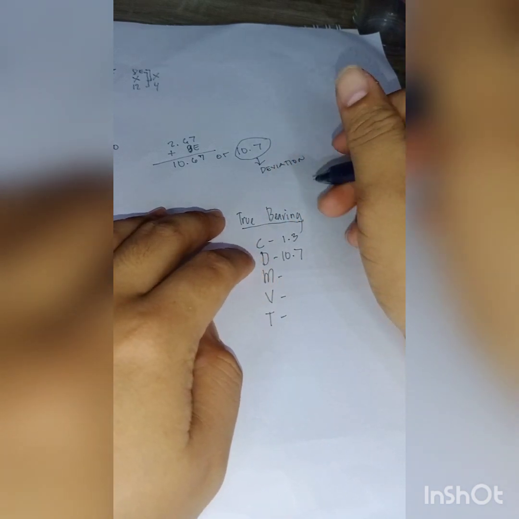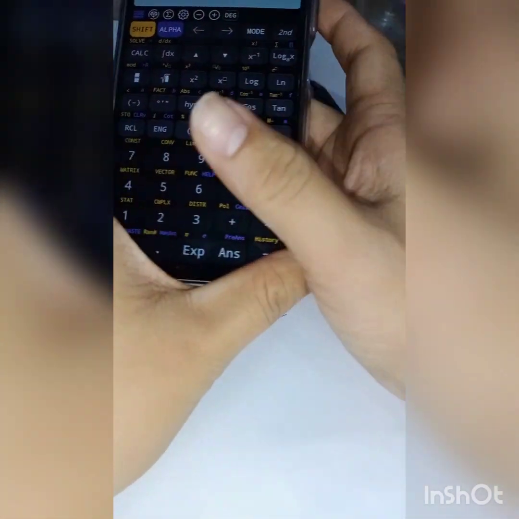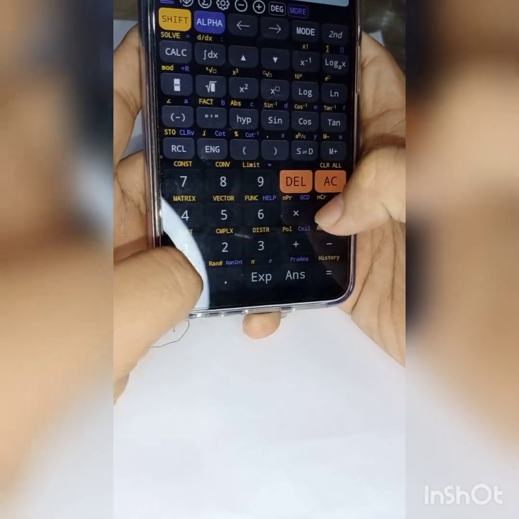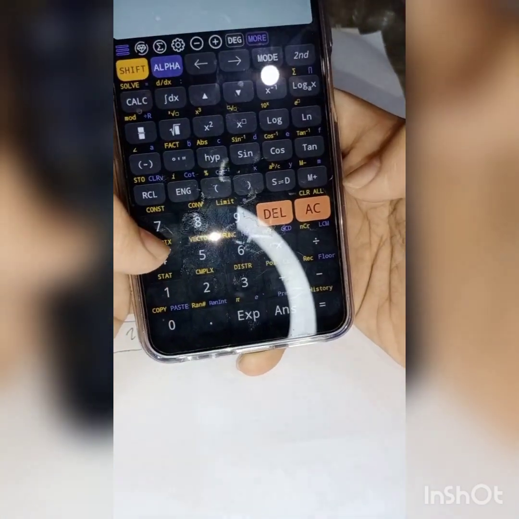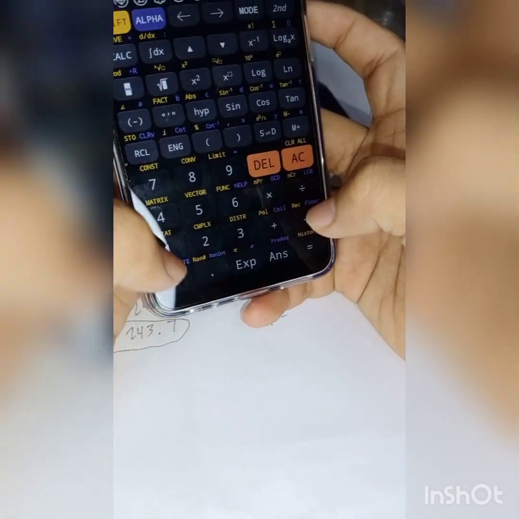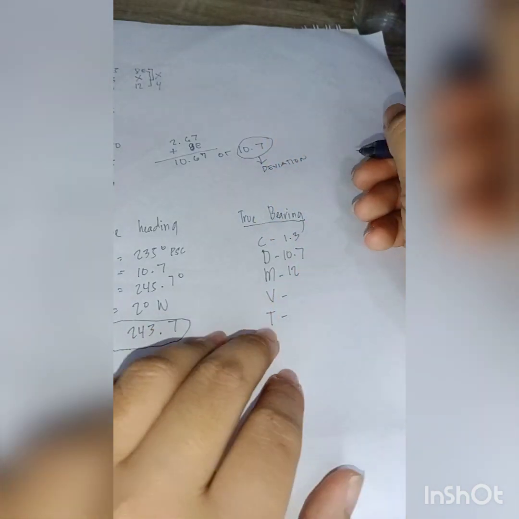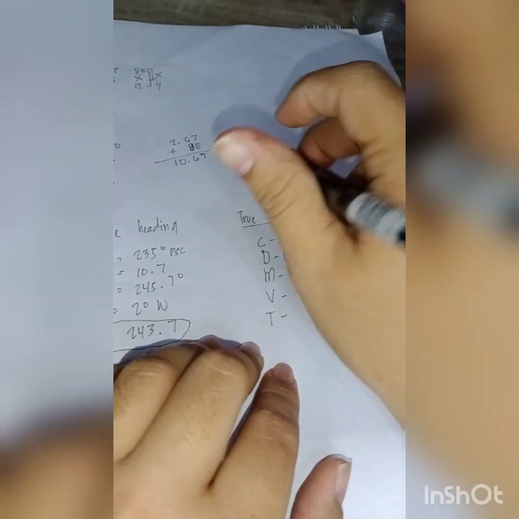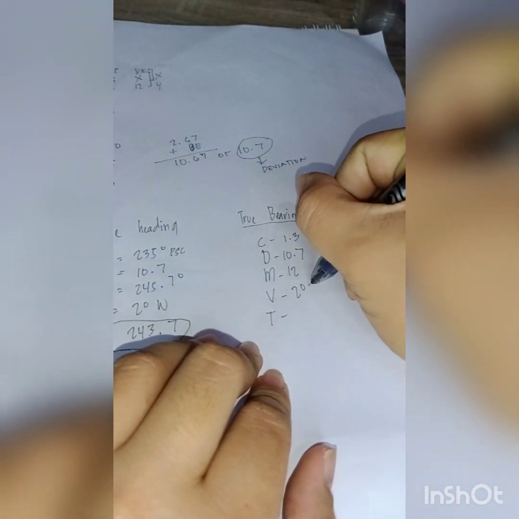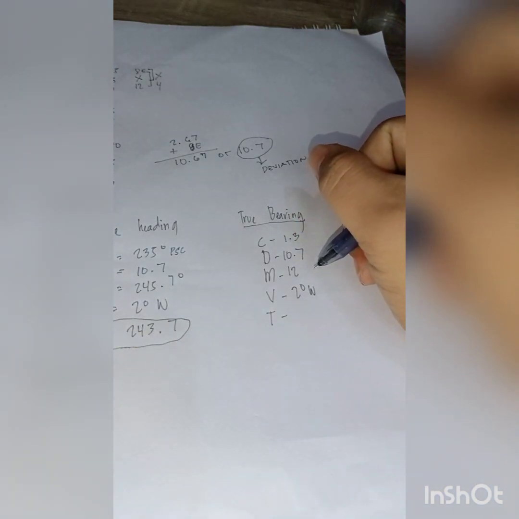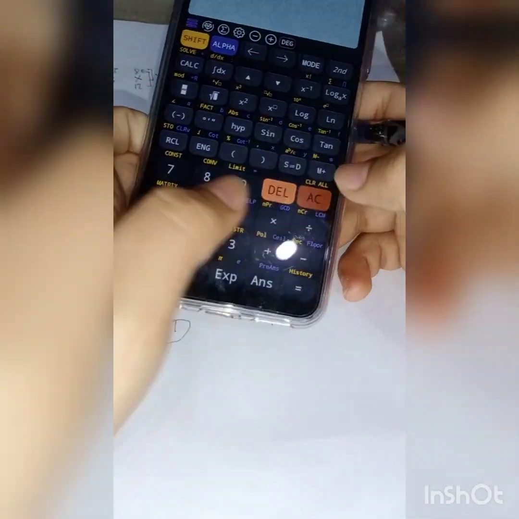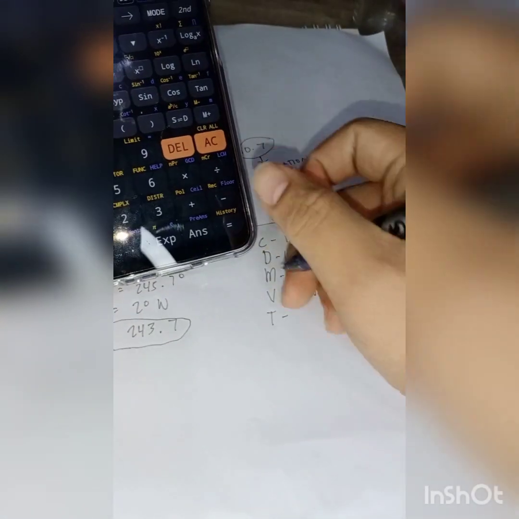So we add 10.7 plus 1.3, which results in 12. That is our magnetic bearing. Then we apply the variation of 2 degrees west, so we subtract: 12 minus 2 is 10.